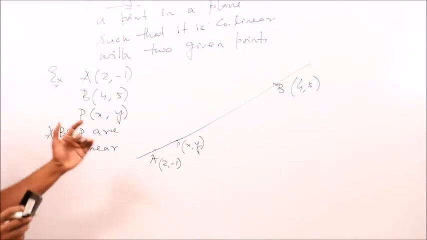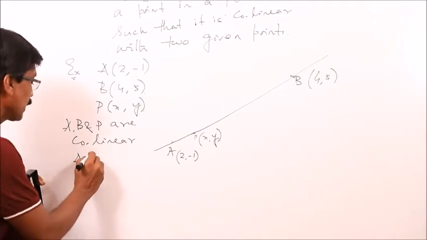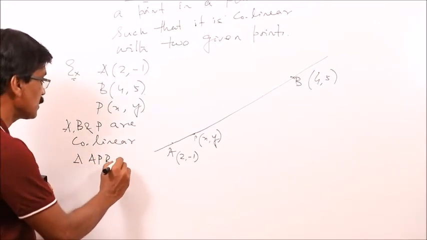If three points are collinear, then the area of triangle APB is equal to 0.